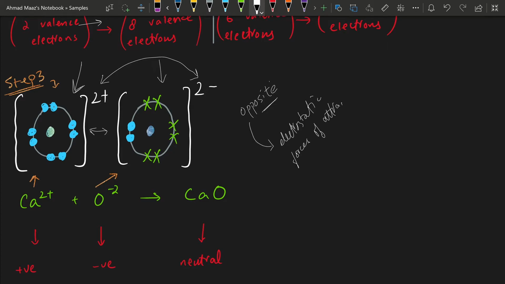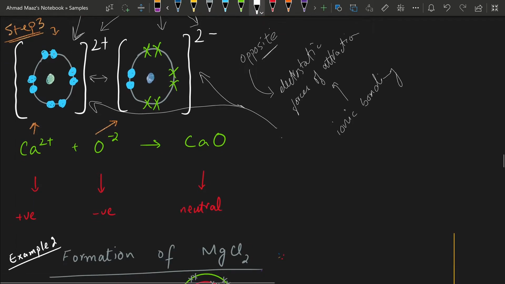This force is responsible for ionic bonding. This force is responsible for strongly holding these two ions together. So this is the ionic bond.